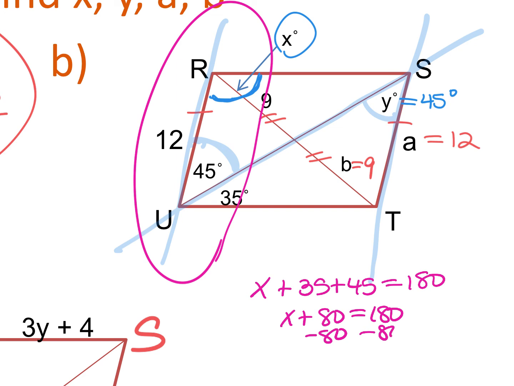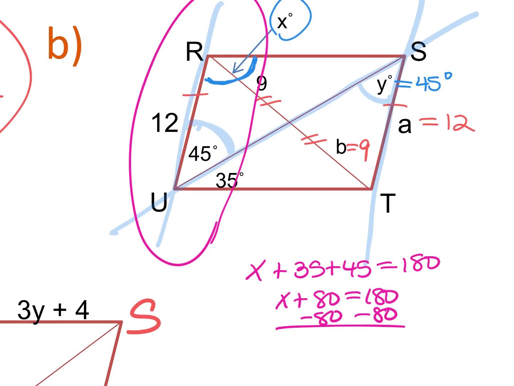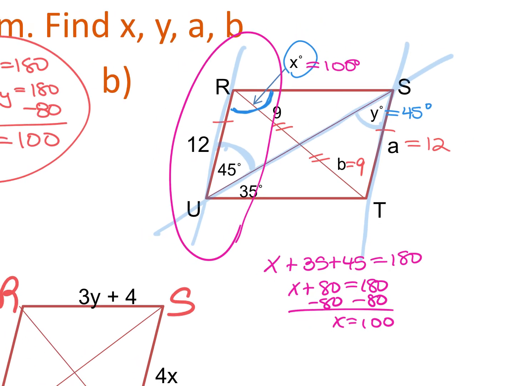Subtract 80 from 180, and x equals 100. So x is 100 degrees. I found everything in that picture. A, B, X, Y. Let's try example C down there.